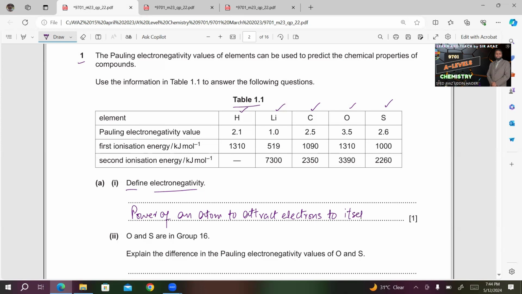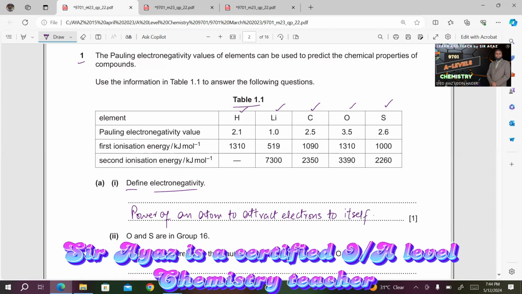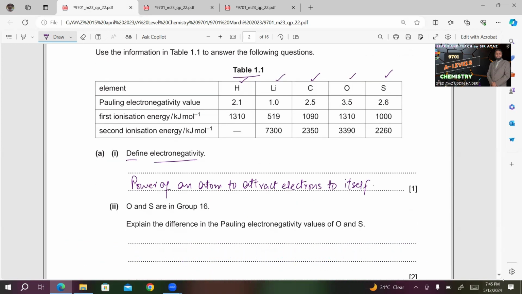Remember, they are attracting electrons toward itself. And those elements which have this power are known as electronegative elements. Non-metals are more electronegative when compared with metals.